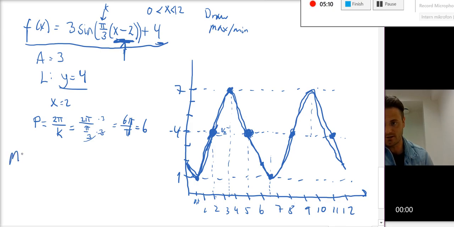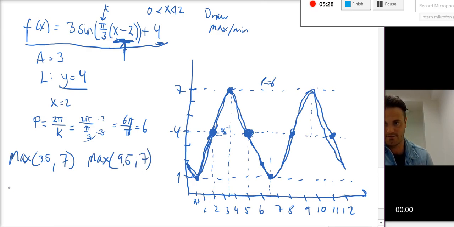And of course, we can just write up the maximum points. The first maximum point is at x equals 3.5, and the y-coordinate is of course 7. The next maximum point, remembering the period is 6, is at 9.5, and the y-coordinate is 7. The minimum point here is at 0.5, and the y-coordinate of course is 1.